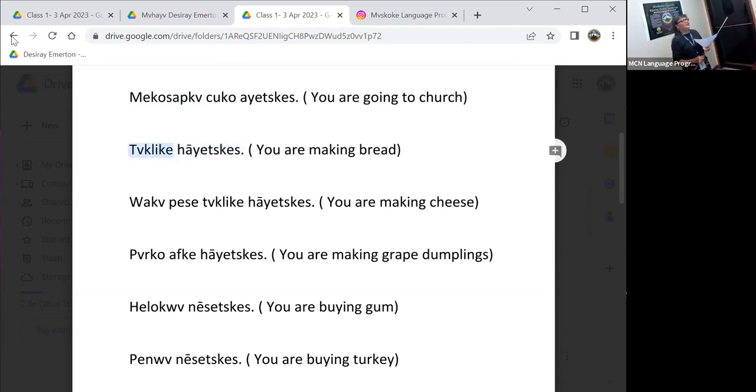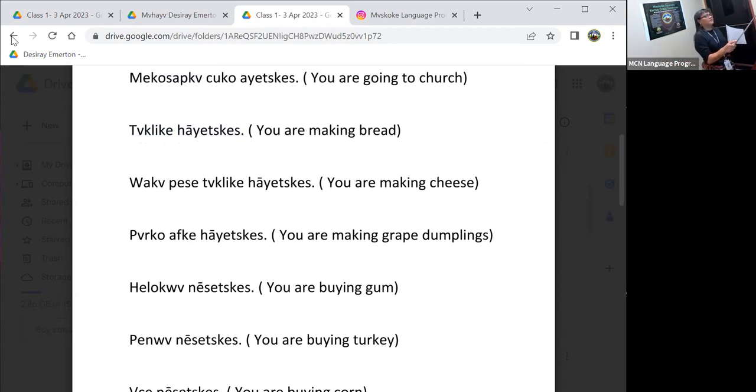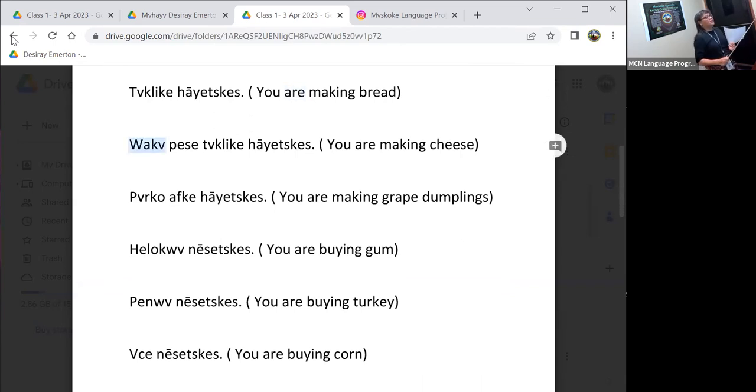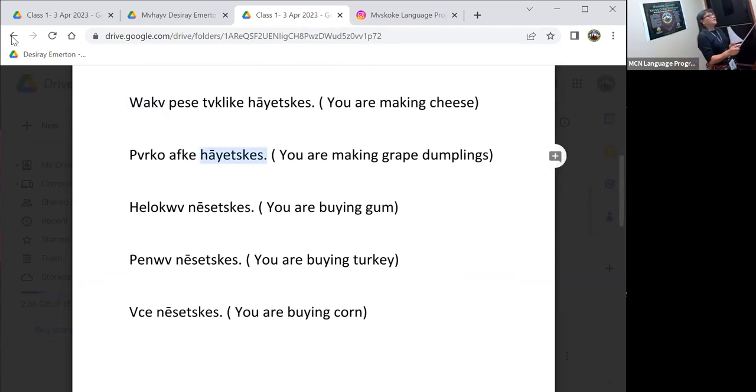Daklegi ayetskis. You are making bread. Wagabizi, daklegi ayetskis. You are making cheese. Butko afki ayetskis. You are making grape dumplings.